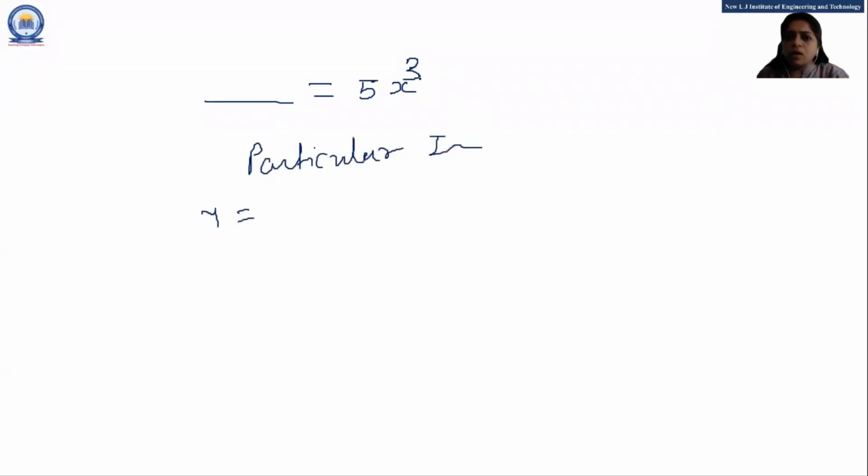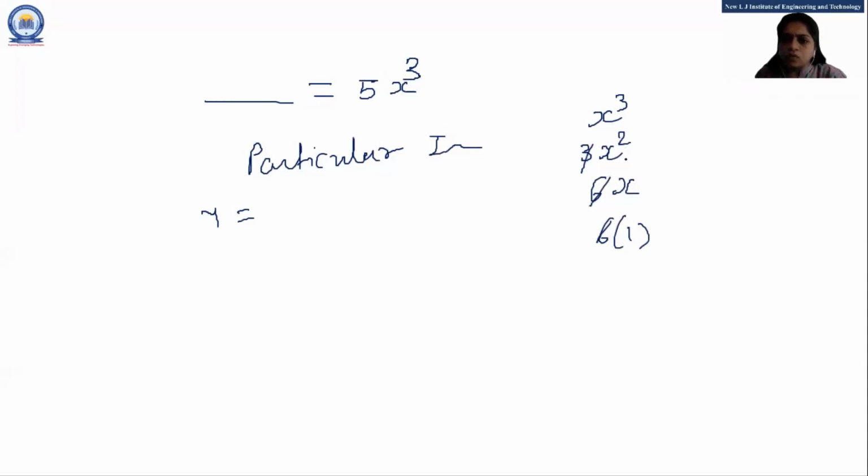What is the family of this x cube? x cube itself. Then the derivative of x cube is 3x square. Then 6x. Then the derivative of this 6x is 6 into 1, right? So if we neglect the multiple constants, there are a total of 4 members.